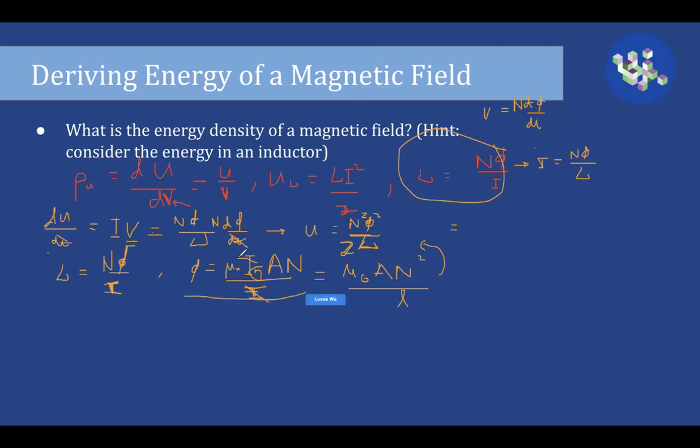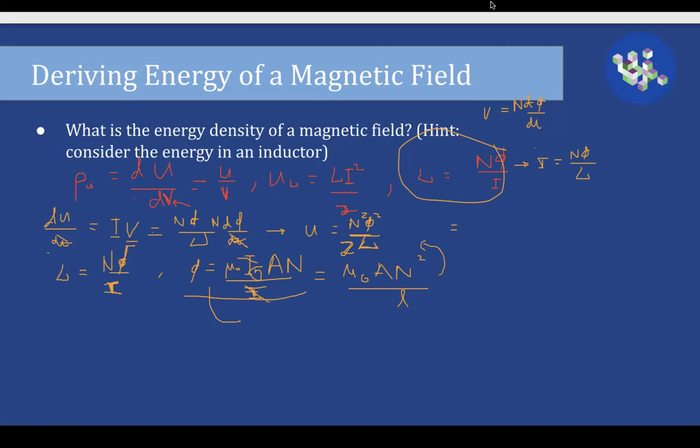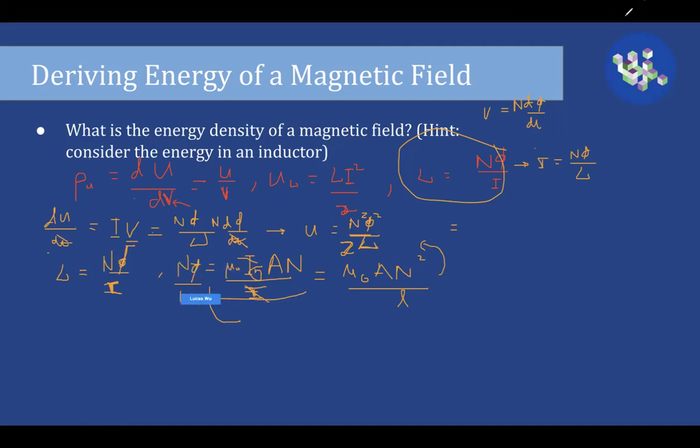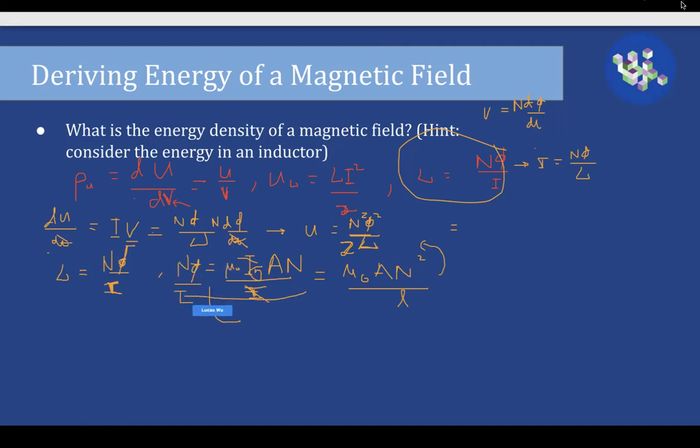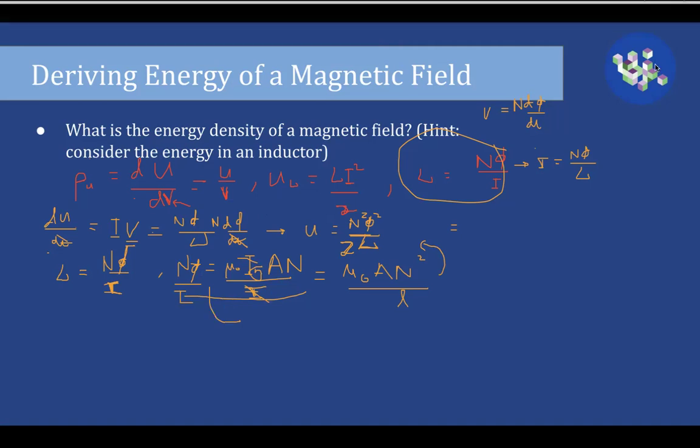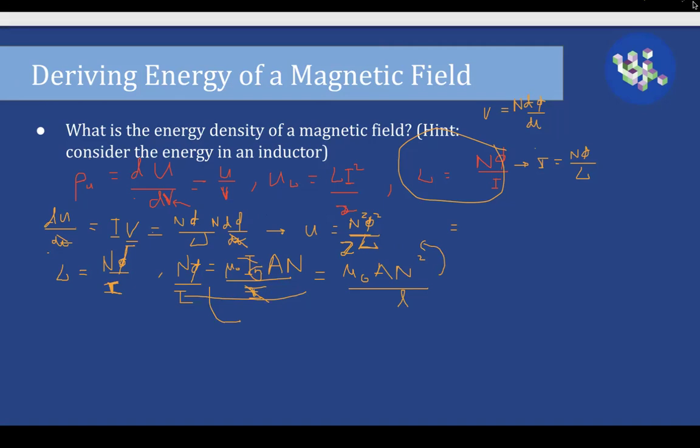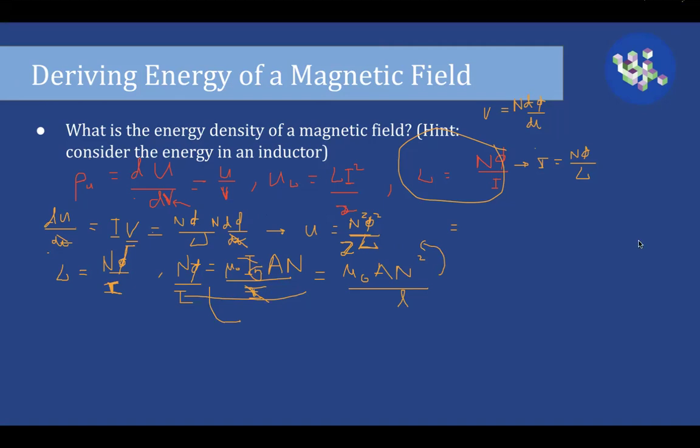this in, so phi would equal, wait, this will be n phi over I. Yeah. So this is what we're getting for inductance, and we also have, right.